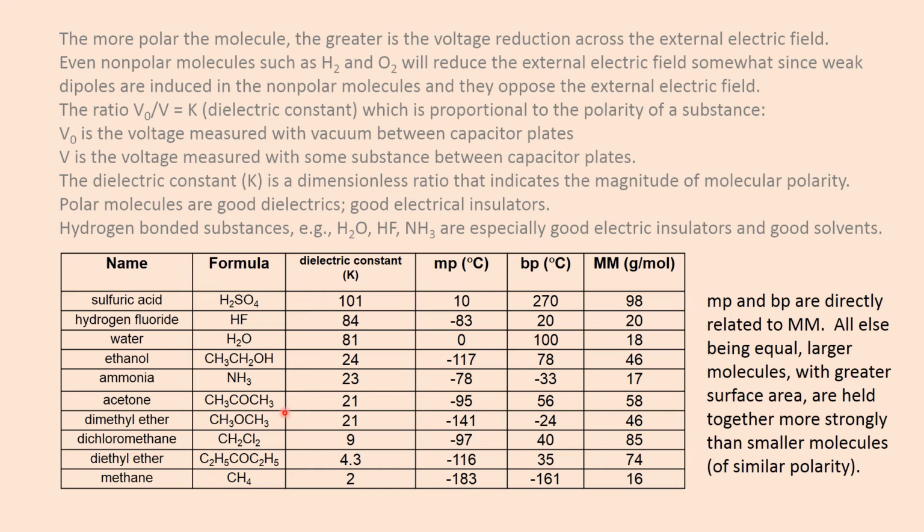However, acetone has a considerably higher melting and boiling point than does dimethyl ether, and that's because of its higher molar mass. Note also, please, that as we add atoms with greater electronegativity, there is a greater difference in electronegativity between atoms being bonded, and this gives rise to greater polarity, greater dielectric constants.